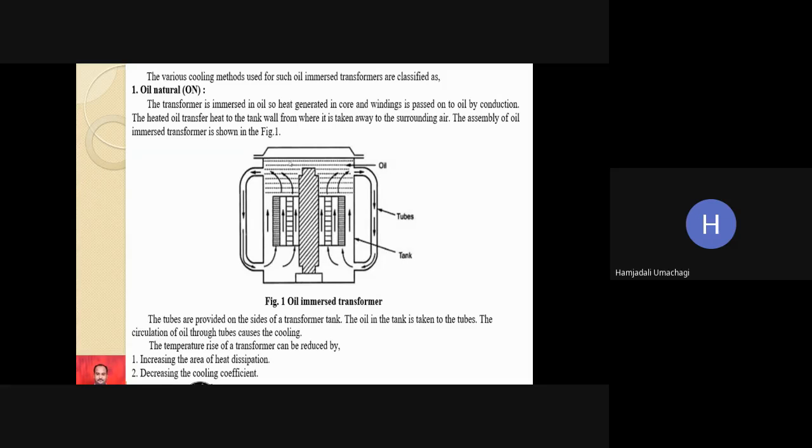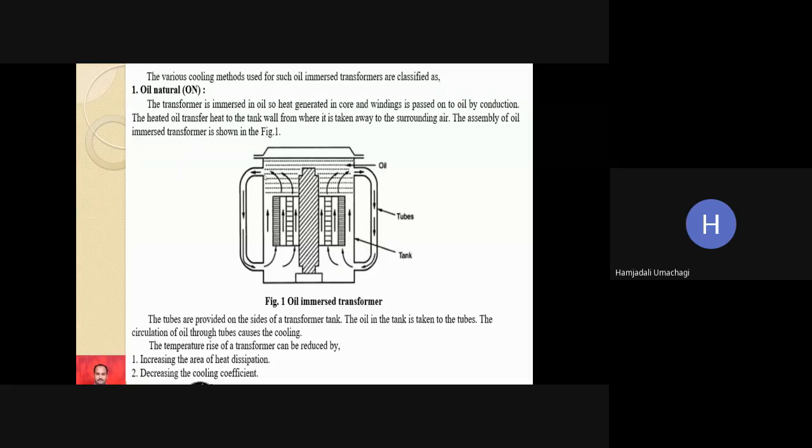Whatever dotted portion you are seeing here is nothing but oil which is moving freely through the tubes and all. When the transformer is immersed in oil, the heat generated in the core and windings is passed on to the oil by conduction. So here by the conduction method we are going to carry the heat.